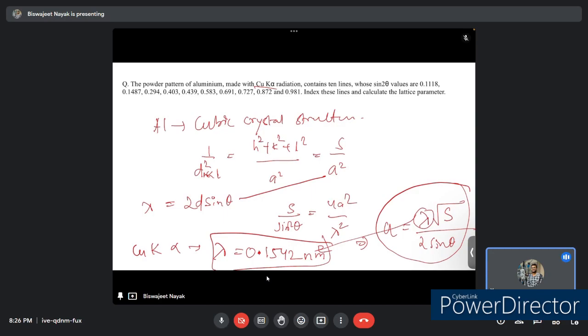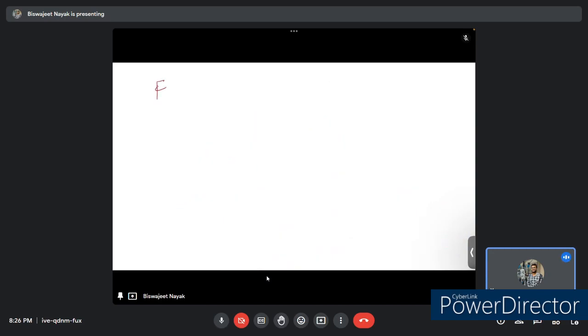So let us assume that aluminium is FCC. If we calculate all the values, we'll make a table like this, and we will calculate the value of a for all lines.